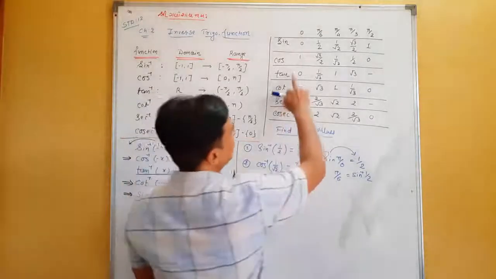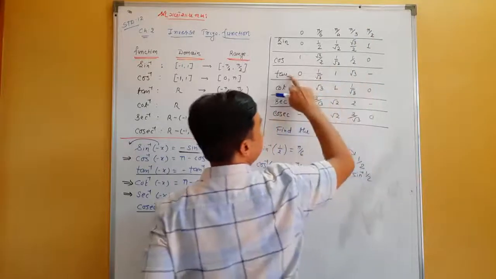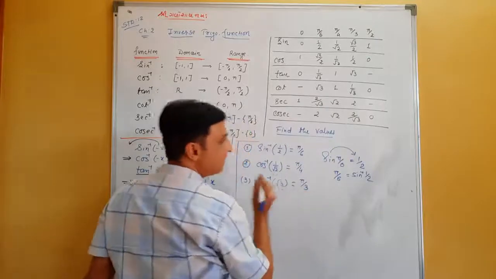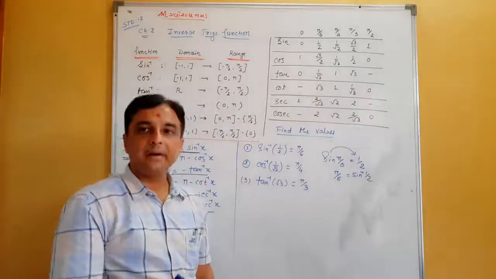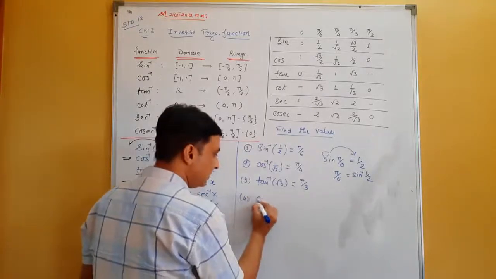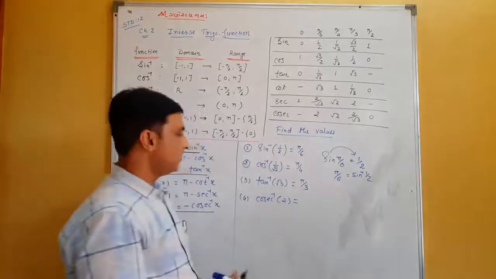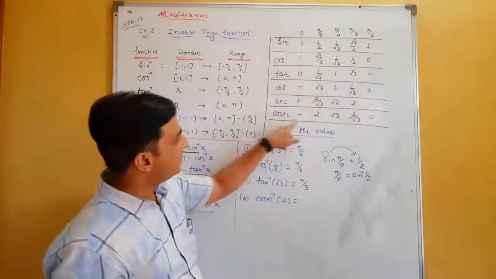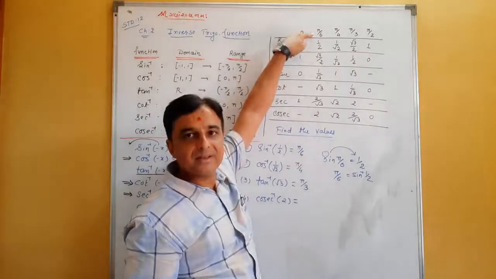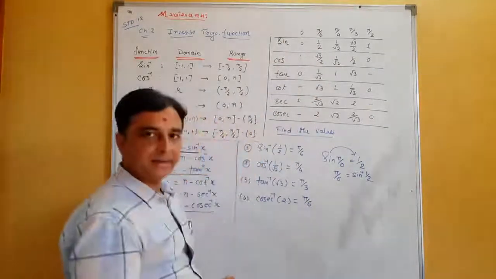Tan pi by 3 is root 3, which means tan inverse root 3 equals pi by 3. We have to use the reverse values. Now the fourth one, cosec inverse 2. Cosec is 2 at which theta? Pi by 6.